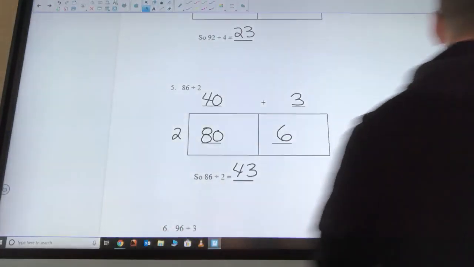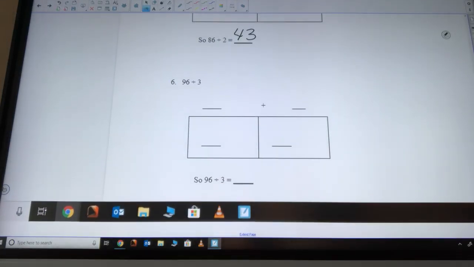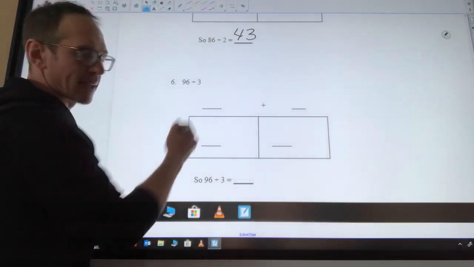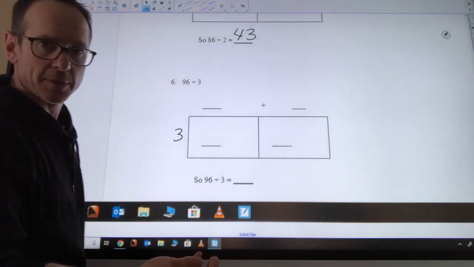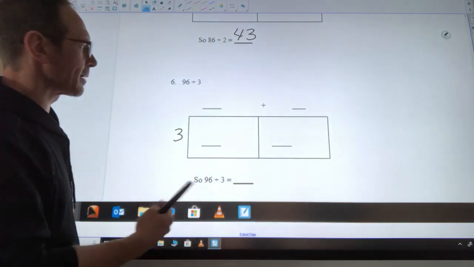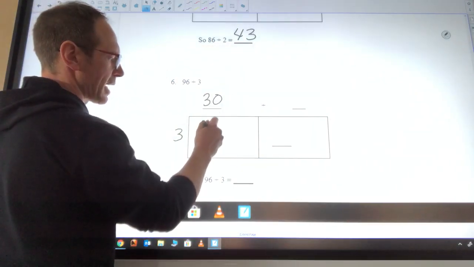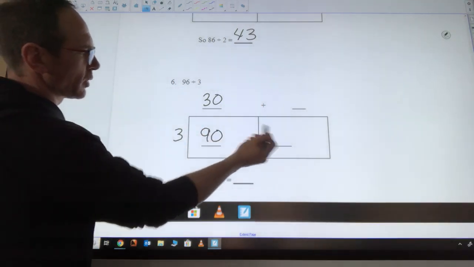Number 6. 96 divided by 3. Okay, well, I know that 10 times 3 is 30, 20 times 3 is 60, 30 times 3 is 90, 40 times 3 is 120. That's too much. So it's got to be 30 something. 30 times 3 is 90. Now, how many more will I have to go to get to 96?